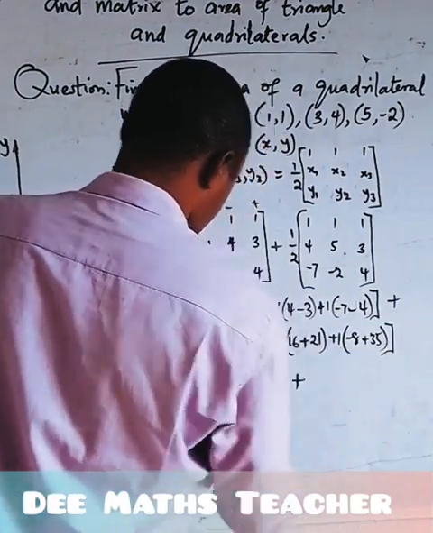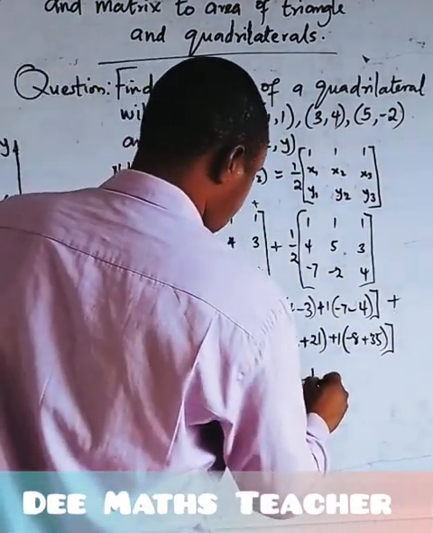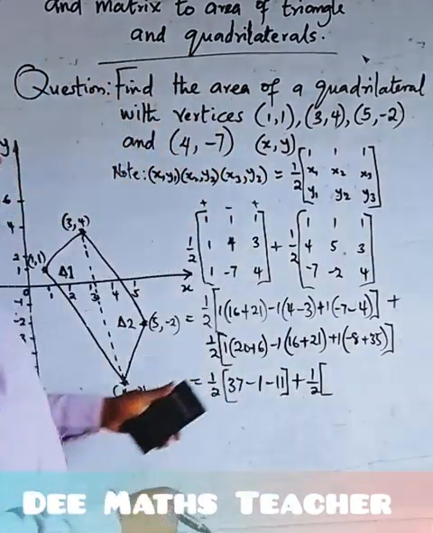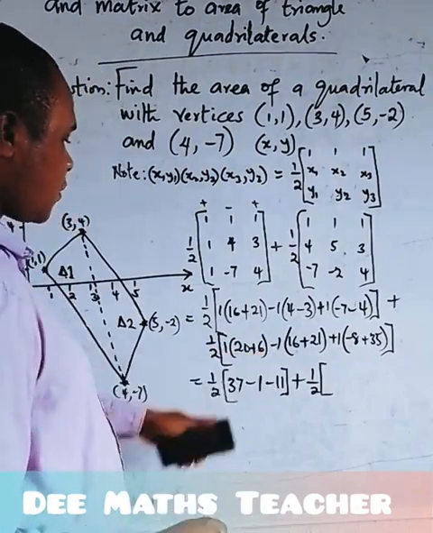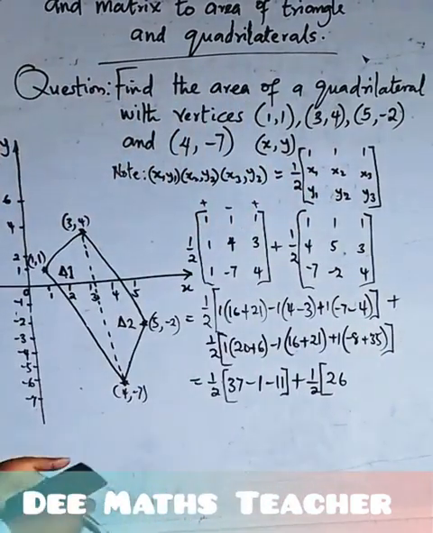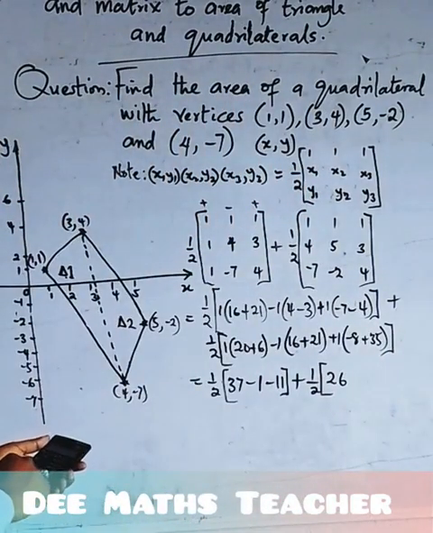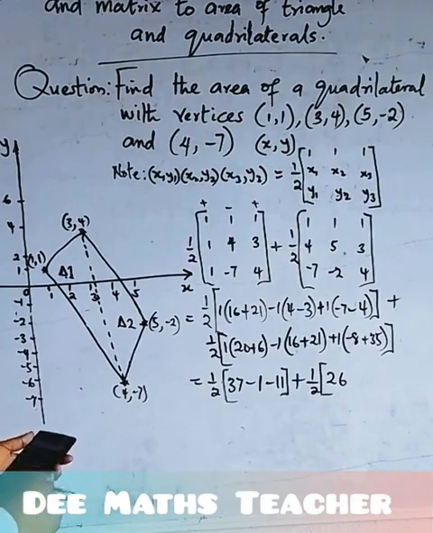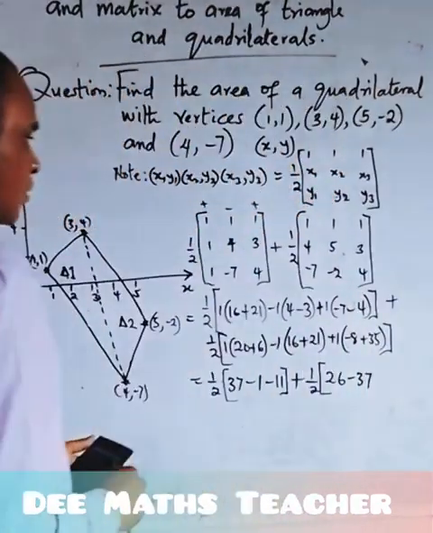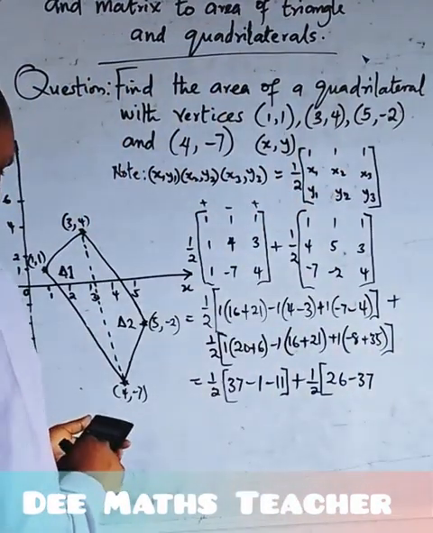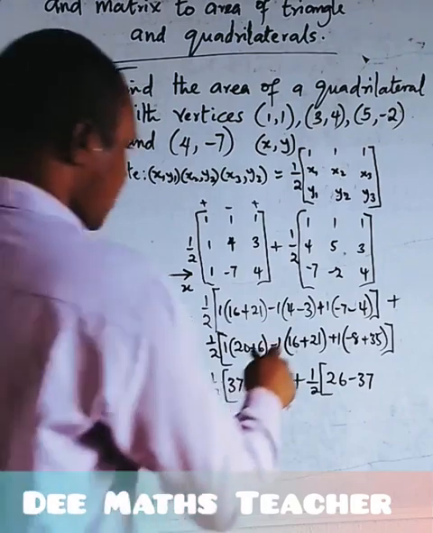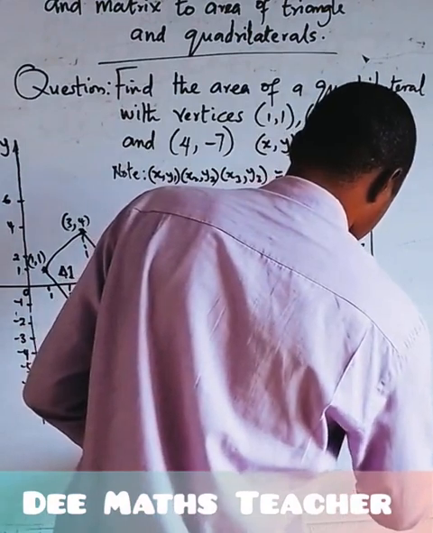Plus 1/2, which is 35 minus 8 will give us 27 times 1, that is plus 27.